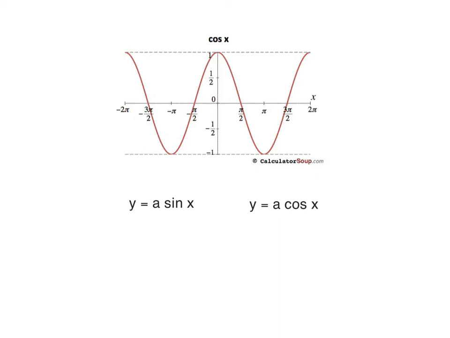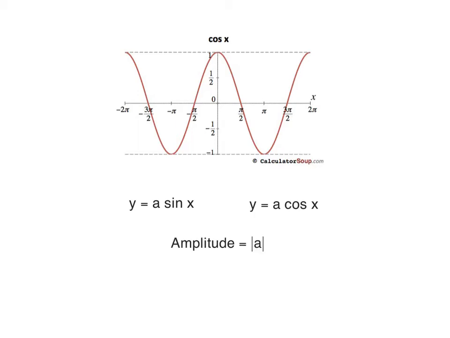Now let's say we had general forms of the equation for sine x and cosine x. So I have y equals a sine x or y equals a cosine x. The amplitude of these two functions is half the distance between the maximum and minimum values of the function, and it's given by the amplitude equals the absolute value of a.